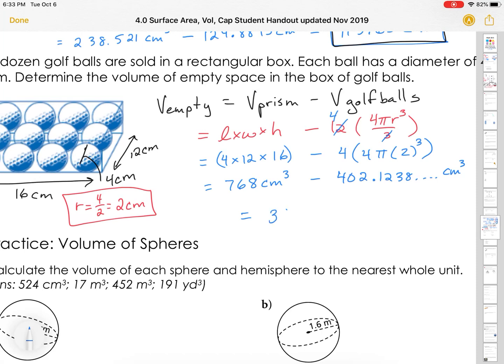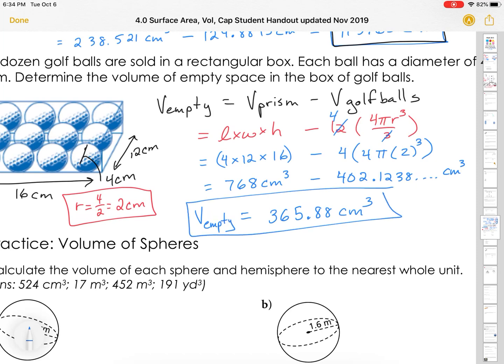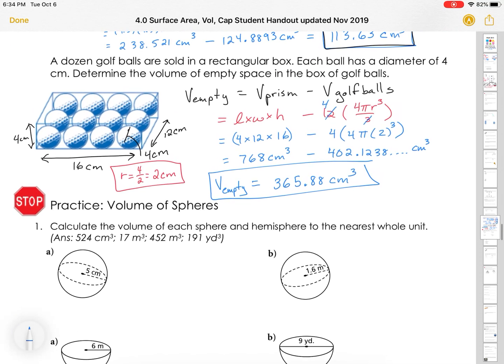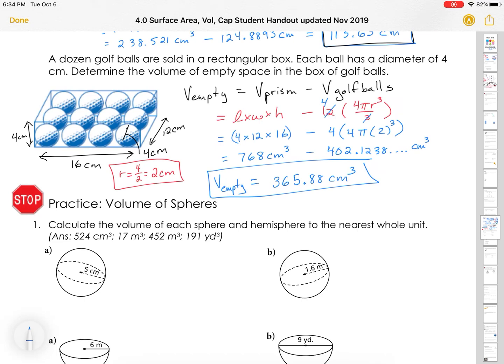So we're going to subtract these two, and we're going to get 365.88 centimeters cubed. So this is the volume empty. That's how much air is in that package. Okay, quite a bit.